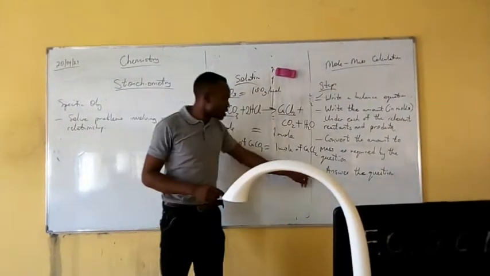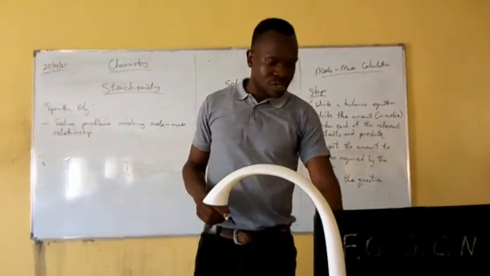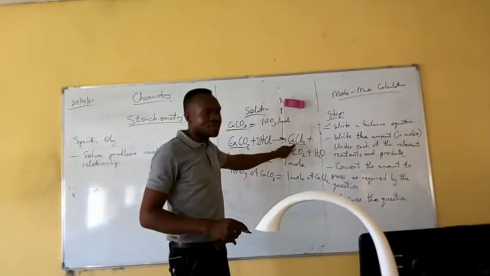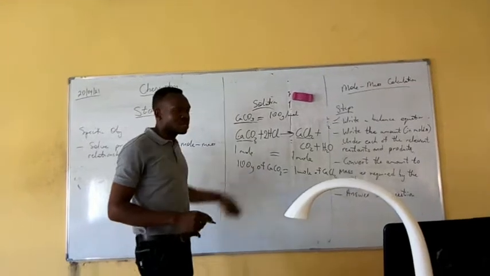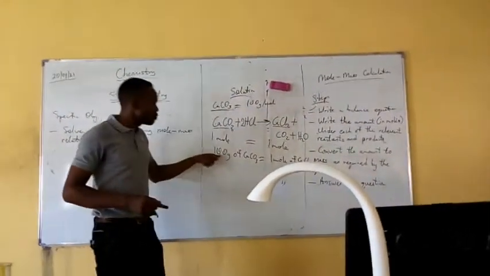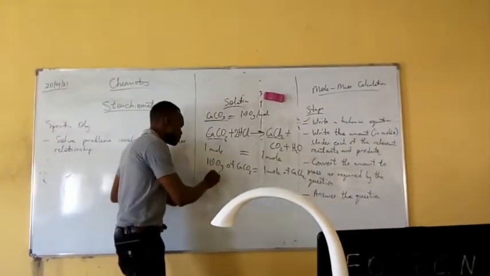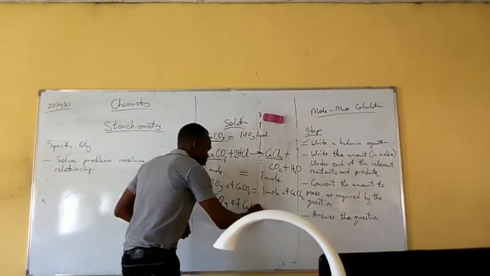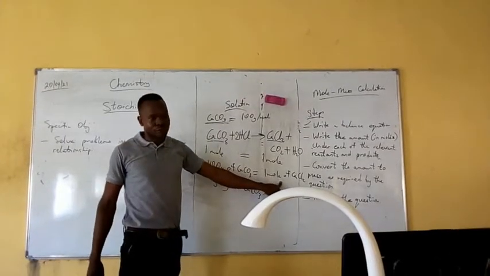Now we need to go to the last step, which is answer the question. What is the question? The question says, how many moles of calcium chloride will we obtain if you provide 50 grams of this calcium carbonate? From the balanced equation, we can see that 1 mole of calcium chloride will be obtained when 100 grams is used. Now, if we are using 50 grams of calcium carbonate, what will be the amount in moles produced?